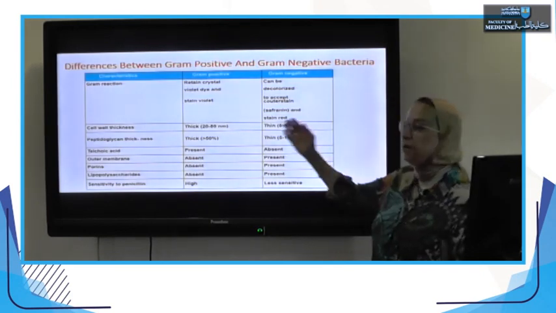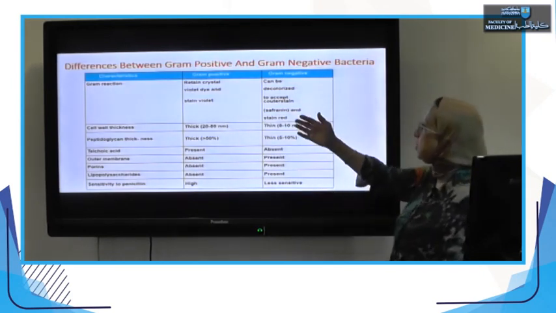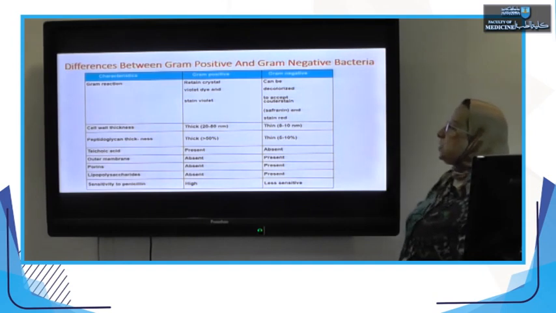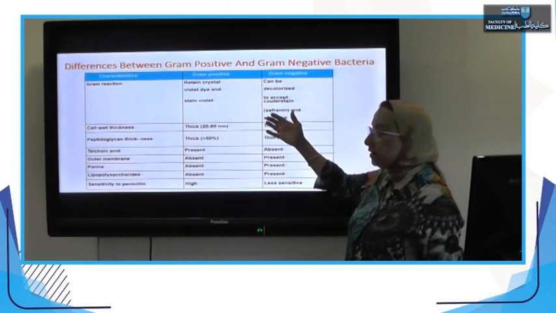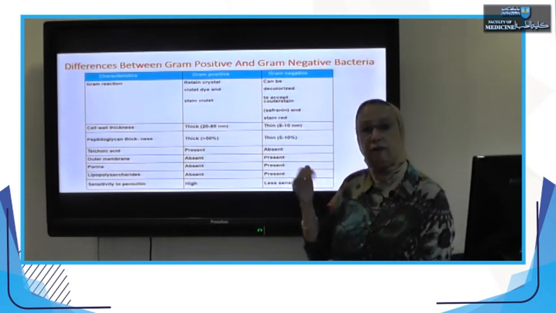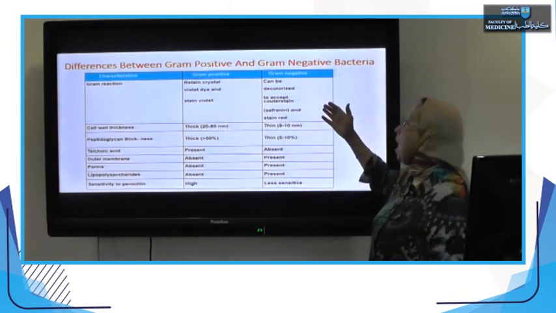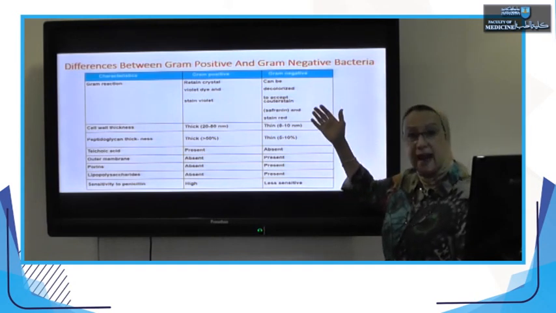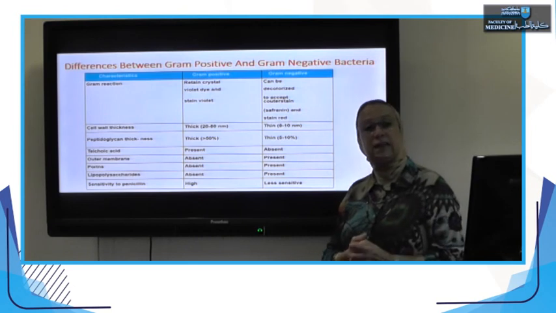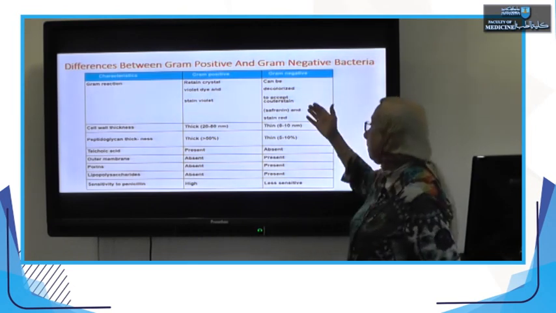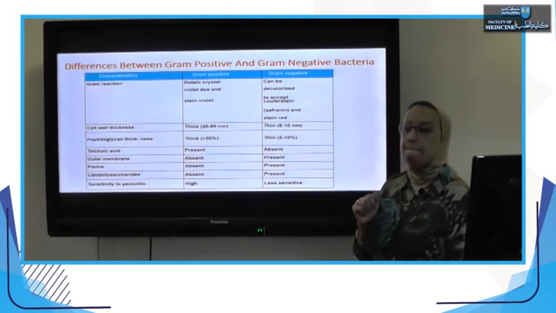This table shows some differences between gram-positive and gram-negative bacteria. As regards the gram reaction, the gram-positive bacteria will stain violet. They take the color of the crystal violet, as we said before. And the gram-negative bacteria stain red, and they take the color of the safranin, which is the counterstain.